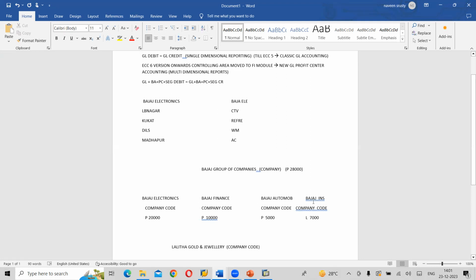Same with Reliance, they are into different businesses. When you say Reliance Group of Industries, it means a subgroup of businesses. So when we have a subgroup of businesses, to consolidate, we need to create a company. But if there is only one company code, then we don't require any company. No need to create any company.